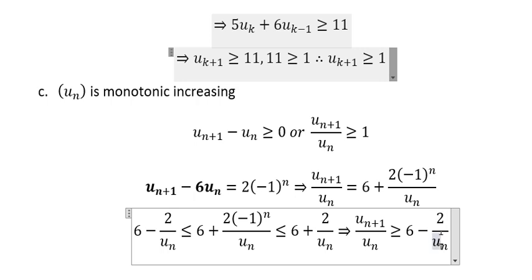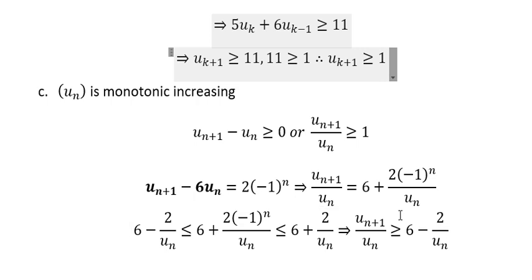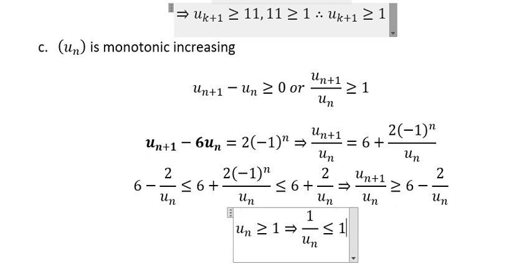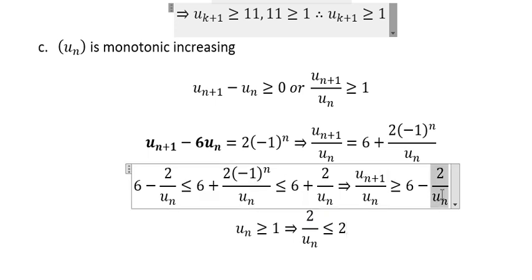Not necessarily, but anyways, we have already proven that Un is bigger or equal to 1, which means that 1 over Un will be less than or equal to 1. Multiplying both sides by 2, 2 over Un will be less than or equal to 2.